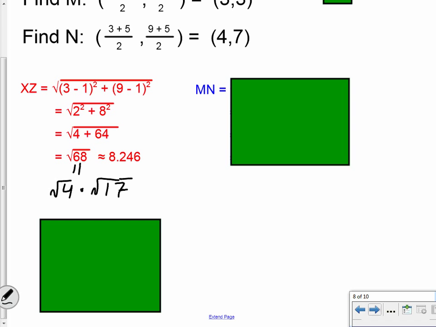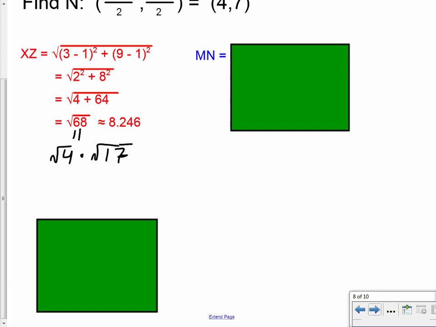And we know that because 4 times 17 is 68. Well, I can say then square root of 4 is for sure 2. So it's actually 2 square roots of 17, 2 times whatever the square root of 17 is. That's what the distance from X to Z is going to be.